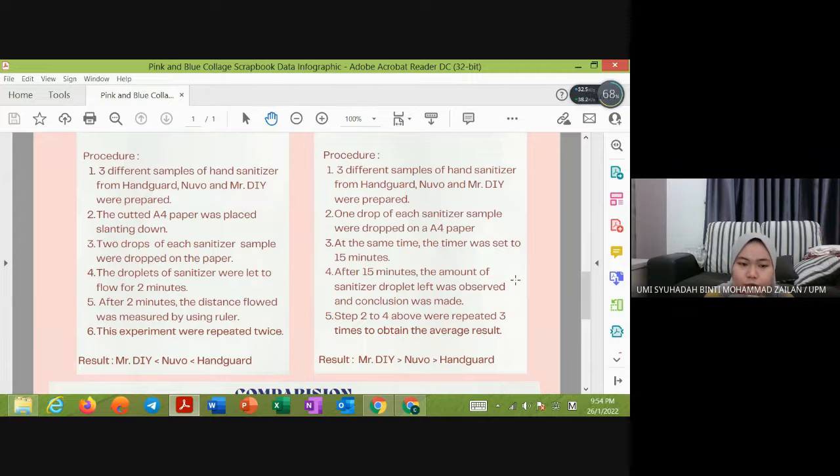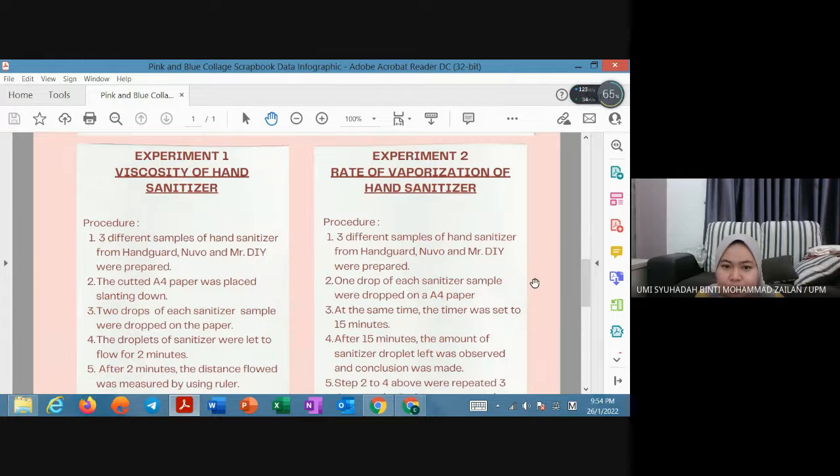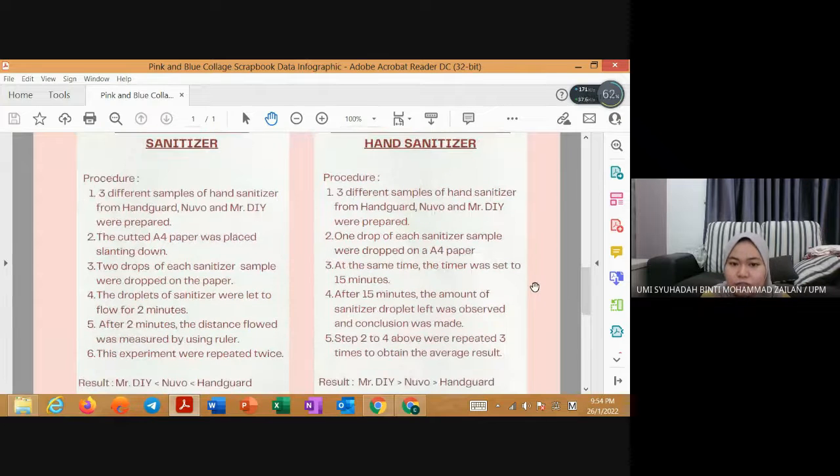At the end of the experiment, we concluded that Mr. DIY has the lowest viscosity and Handguard has the highest viscosity. The second experiment is to determine the rate of vaporization of hand sanitizer. We also prepared three different samples: Handguard, Nuvo, and Mr. DIY.